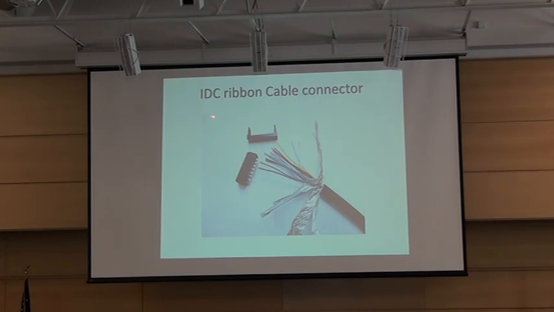And the type of connector we chose to go with was an insulation displacement connector. That's what the IDC stands for. And it's designed to work with a flat ribbon type cable.